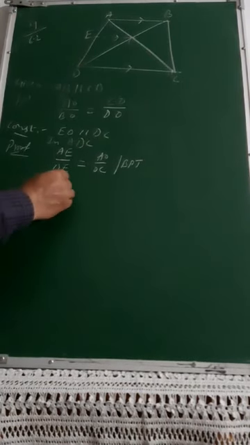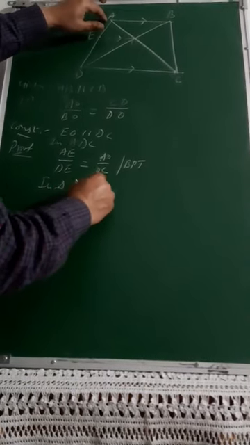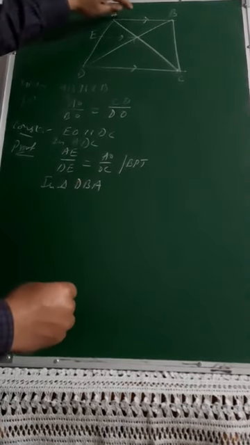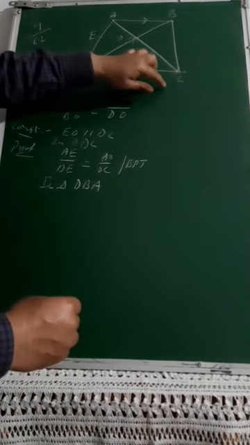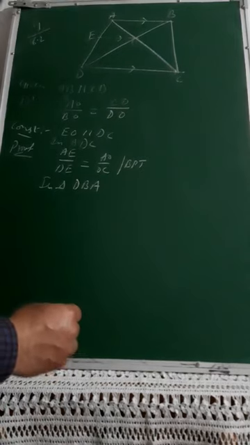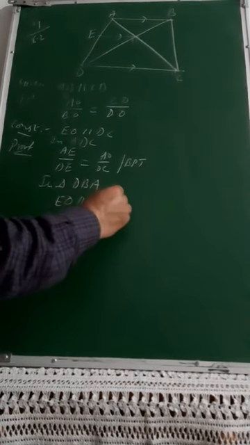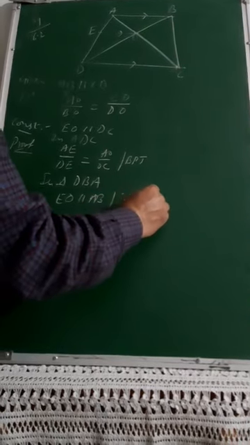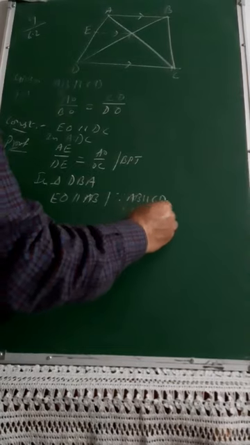Now in triangle DBA, because AB is parallel to CD and you have drawn EO parallel to CD, this EO is also parallel to AB. EO is also parallel to AB because AB is parallel to CD and EO is parallel to DC.